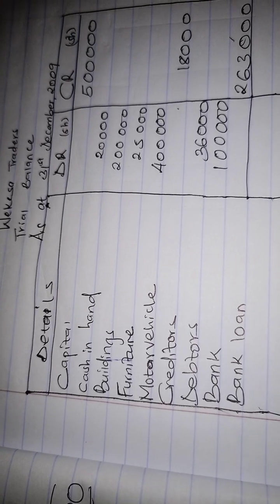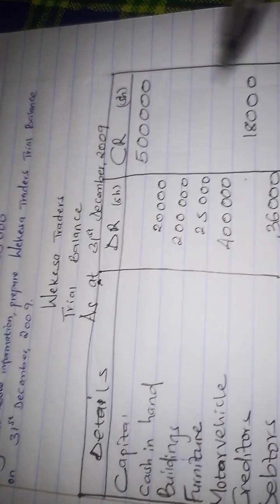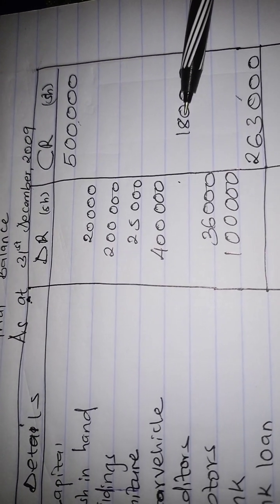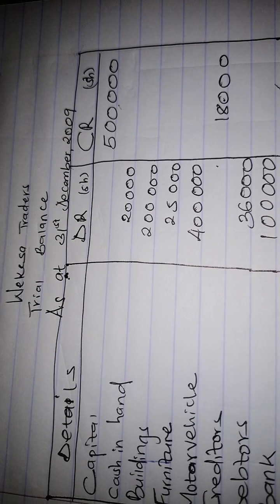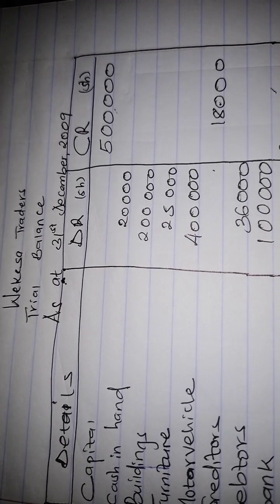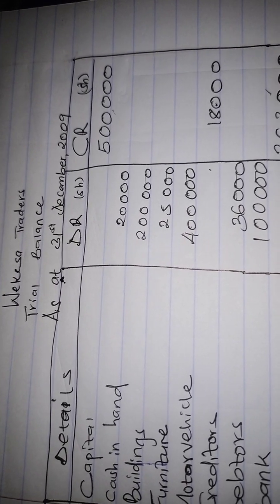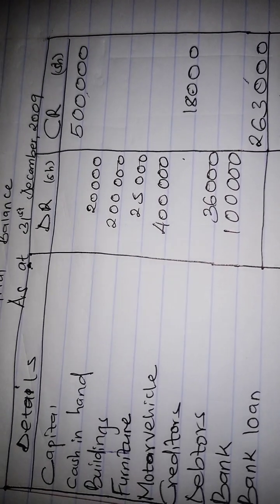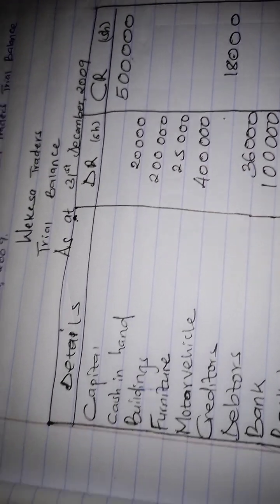Yes. So I'm anticipating that everything was okay. So 500 plus 18, 518,000 plus 263. This gives us 781,000.